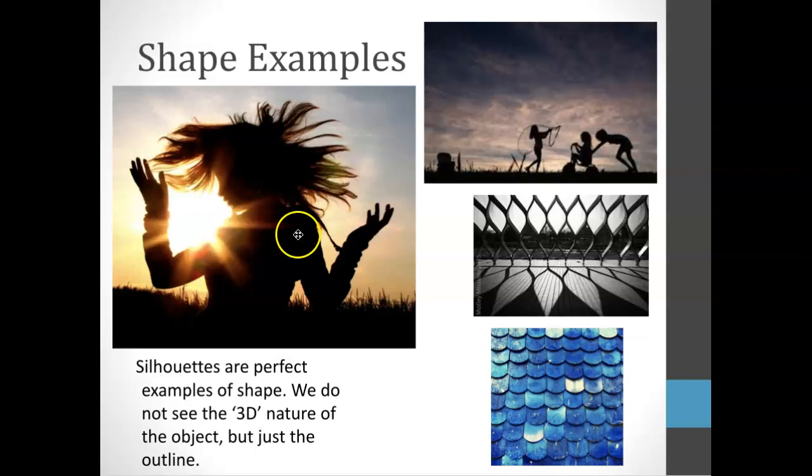When you do a silhouette, you begin to make it so we just notice the edges of the object rather than its three-dimensionality, and that's a great way to make a shape really show up in a picture. Also, when we're photographing architecture, the sides of buildings, the fence here, for example, that's a really great use of shape.